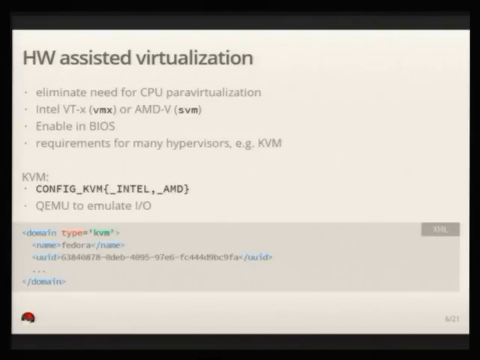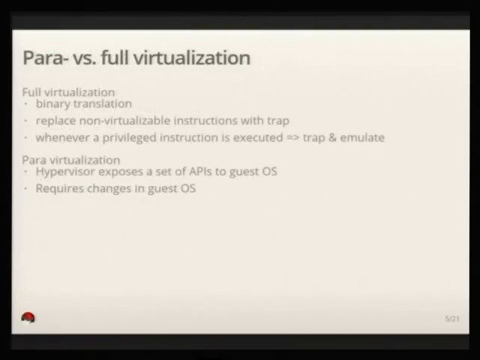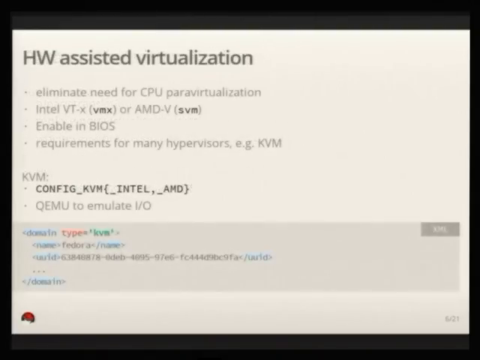Okay, so for those who don't, KVM is the actual hypervisor doing all the, as I've shown here, full virtualization. And QEMU is there to emulate the I/O. So it works like this. KVM is a loadable module in your kernel.